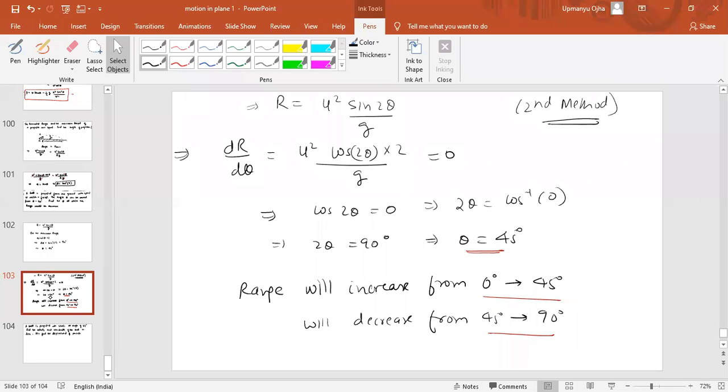So 10 meter per second is velocity after 2 seconds. Okay, fine. You are getting velocity as 80 i cap plus 40 j cap in 2 seconds. Okay, 40 i cap plus 10 j cap.